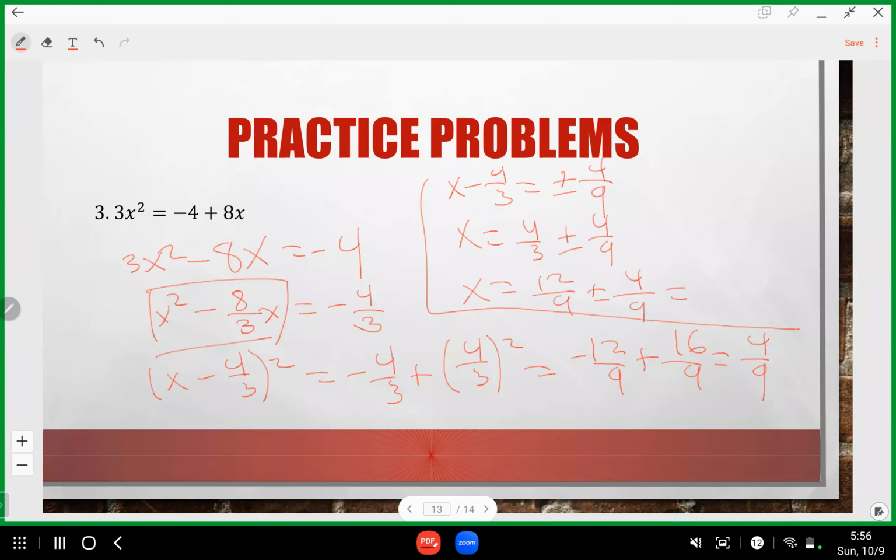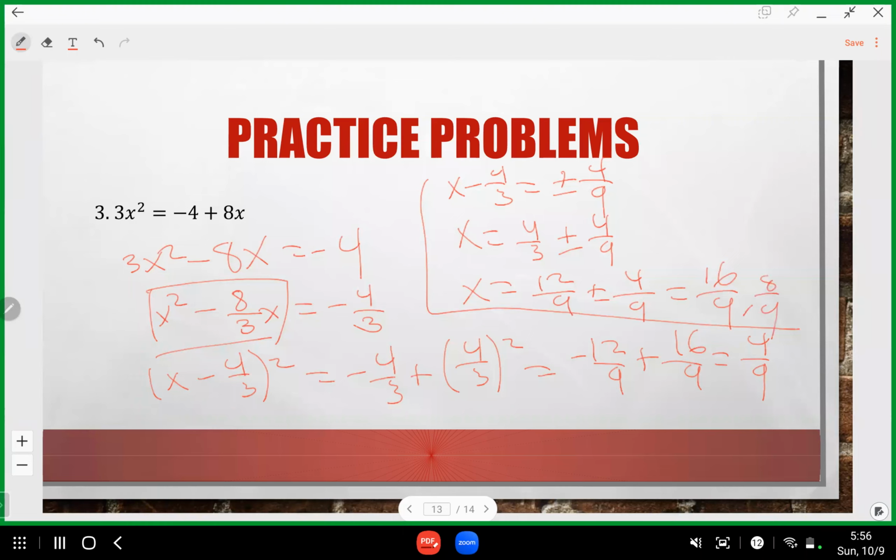Which is, hold up a second. Is this correct? So then we get 16 over 9 and then 8 over 9. I don't trust this answer.